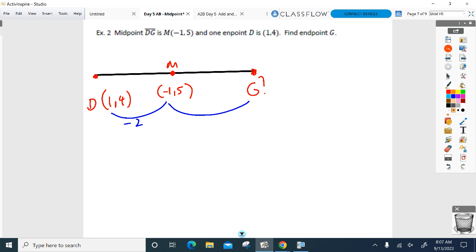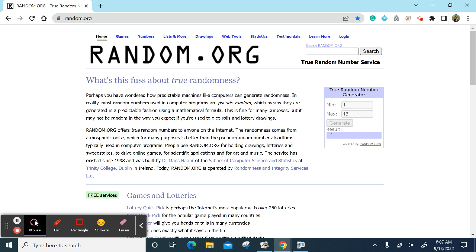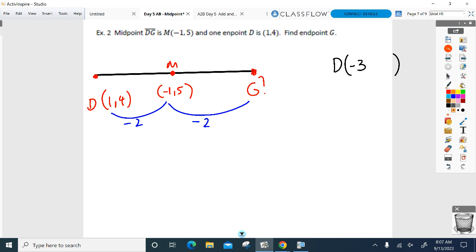Because if I'm directly in the middle, whatever I do on the left side has to match the right side. So I got to go minus 2 again. Where do I end up on the x-axis if I was at negative 1 and I went 2 units to the left again? Negative 3. I'm at negative 3.